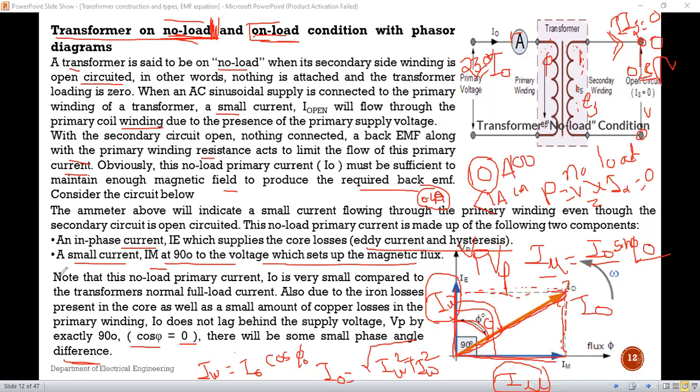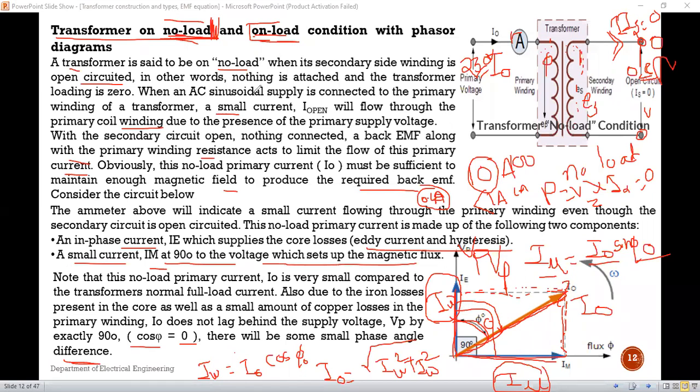OC test म्हणजे open circuit, output of the transformer should be open circuited. According to this we are able to calculate the core losses. त्याच्यावरून आपण core losses calculate करणार, and by conducting short circuit test we are able to calculate the copper losses, and then we will calculate the efficiency of the transformer. Okay, आपण त्याची efficiency find करणार आहे.